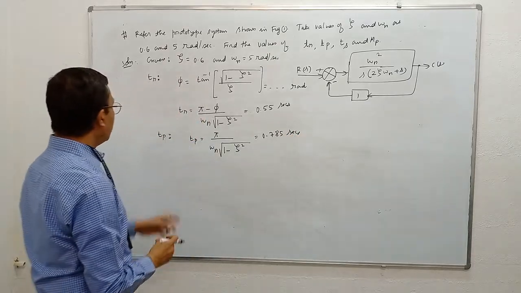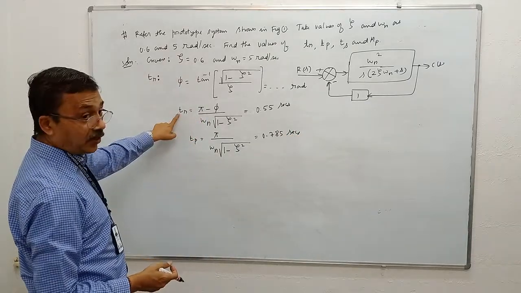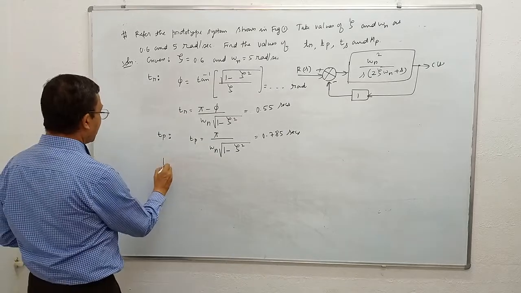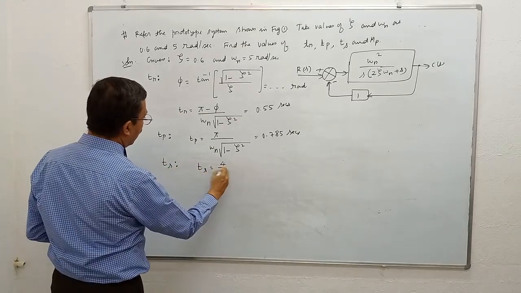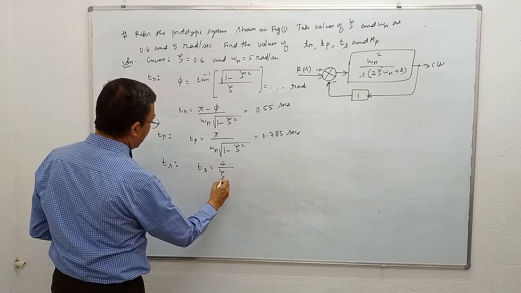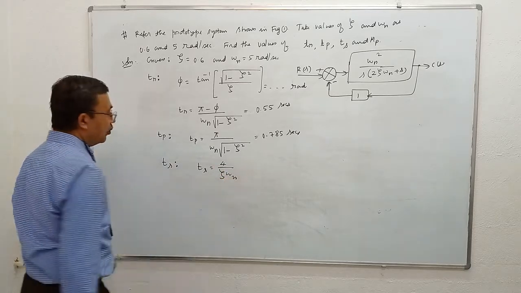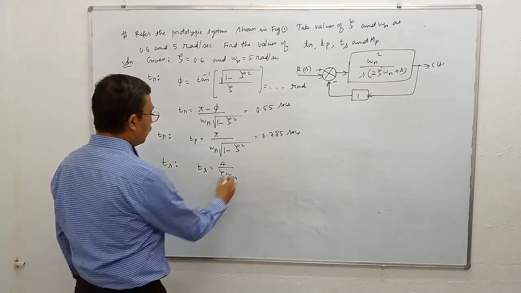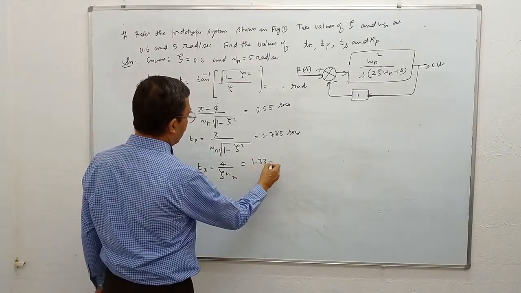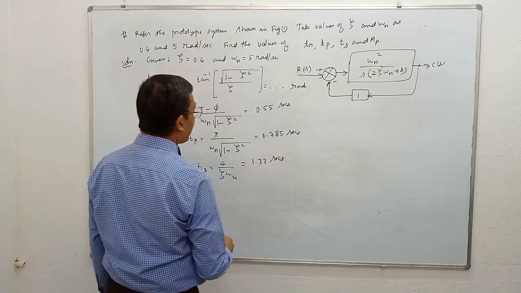Please note that Tp value should be higher than Tr value. Next is settling time. Settling time Ts is equal to 4 divided by zeta into omega n. This is for plus minus 2% tolerance band. If you substitute zeta and omega n values, you get 1.33 seconds.